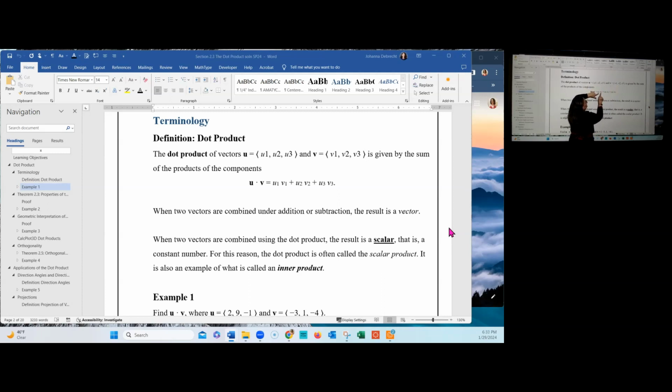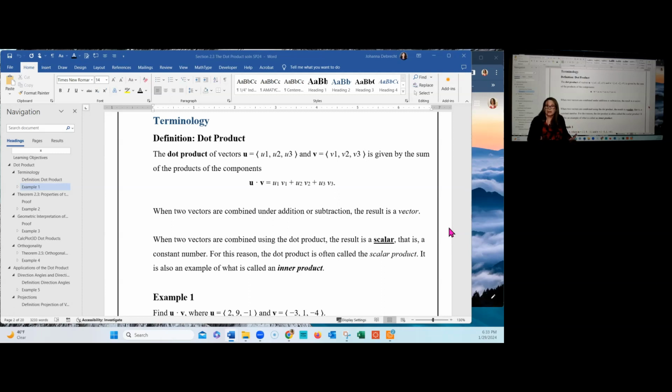So the two x components multiplied together, the two y components multiplied together, the two z components multiplied together. And then you add those values together. Now, when you multiply the components together, you're getting a scalar, right? You're getting a constant. So when you add it to other constants, you're left with a constant. So the dot product of two vectors is a scalar.